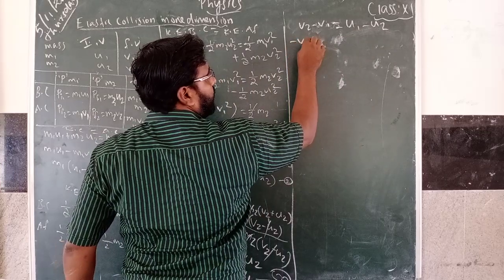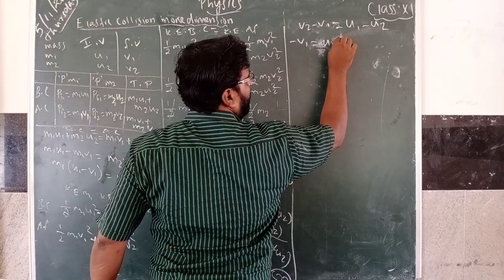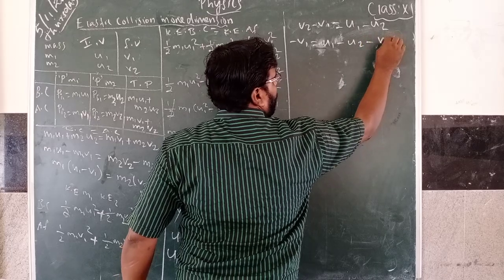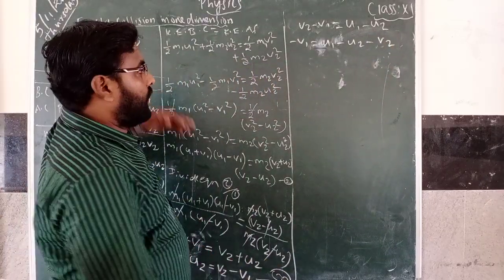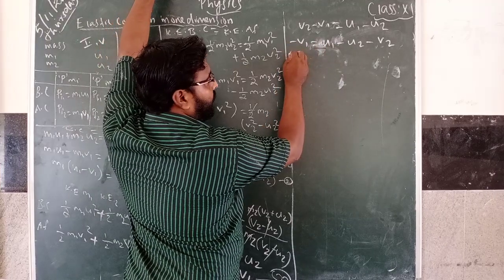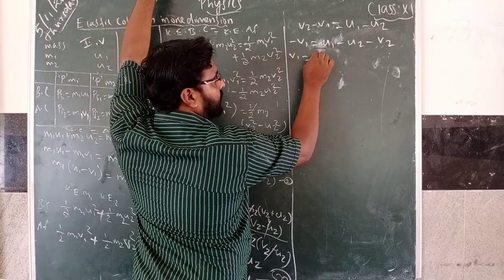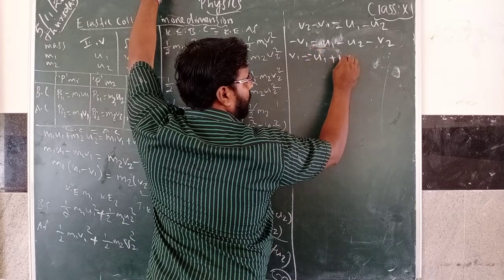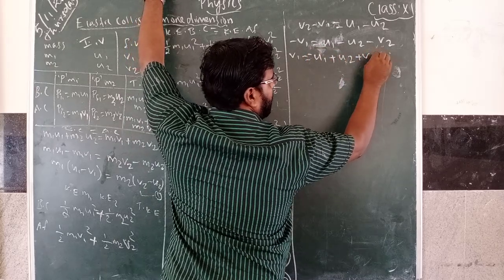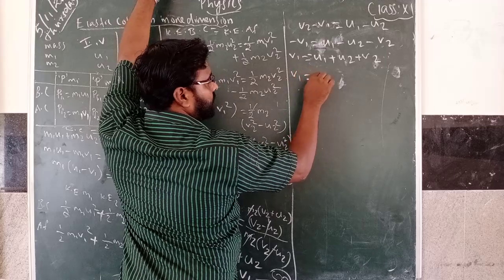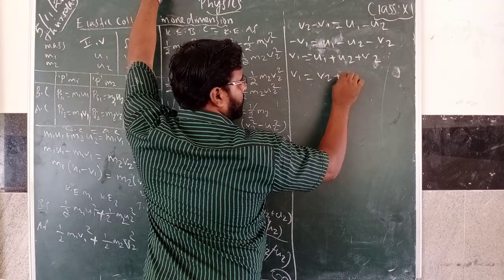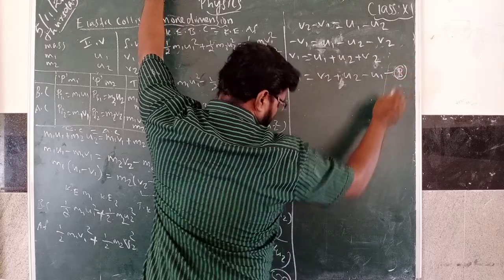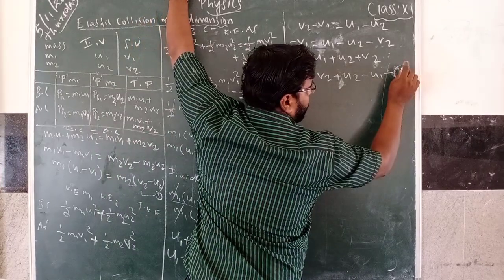So minus v1 is equal to u1 minus u2 minus v2. Now multiplied by minus, so v1 is equal to minus u1 plus u2 plus v2. So v1 is equal to v2 plus u2 minus u1. This you can call equation number 4.